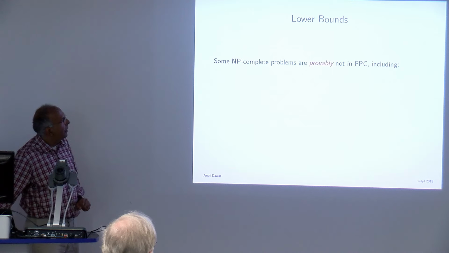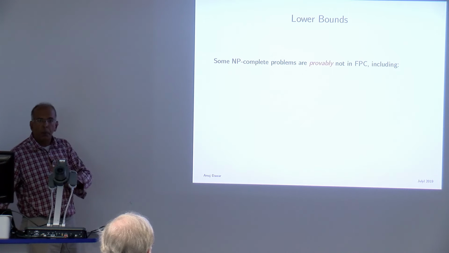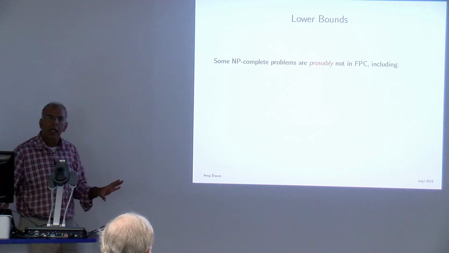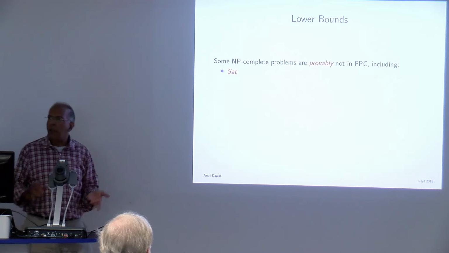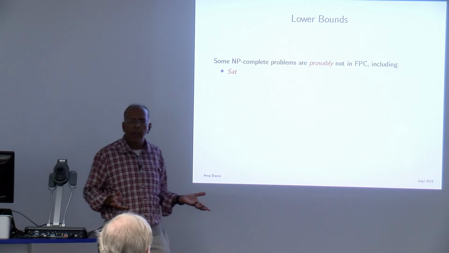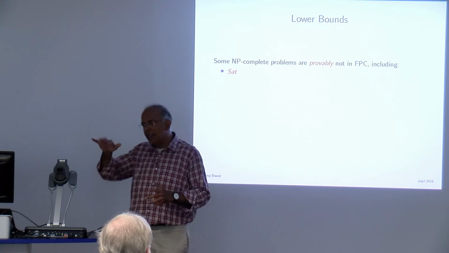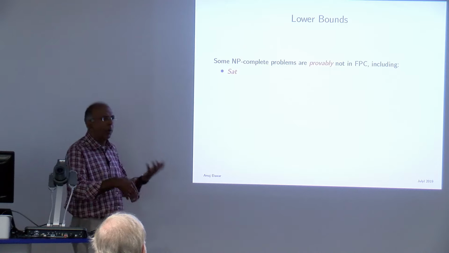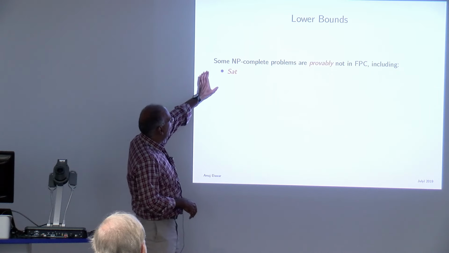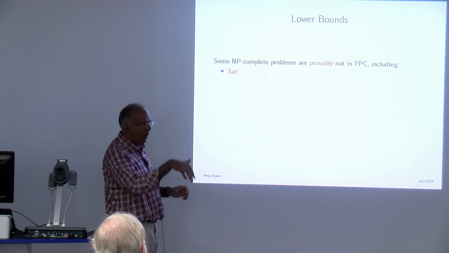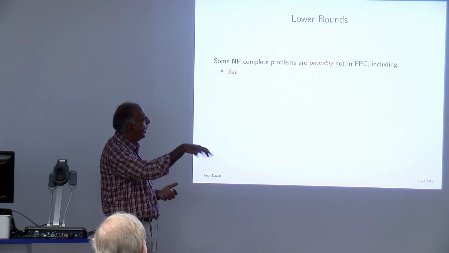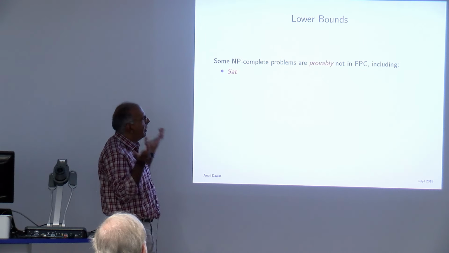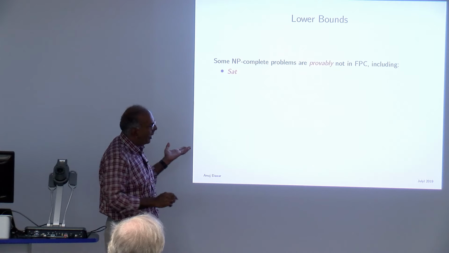So for lower bounds, some NP-complete problems are provably not in FPC. Like satisfiability of Boolean formulas. Now this is not a graph problem, and I've defined symmetry in terms of graph problems, but you can define a version of SAT where the result is invariant under permuting variables, as it should be.